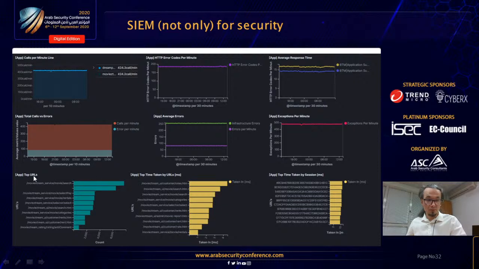And below we have the URL monitoring, where we can see which URLs were visited by the application or user. And then there are the top times taken by URL and by session. So if we have noticed an increased call time from the application, then we can identify whether it was the URL that is causing the issue or just the session.